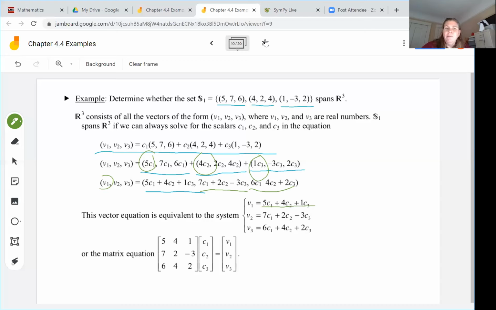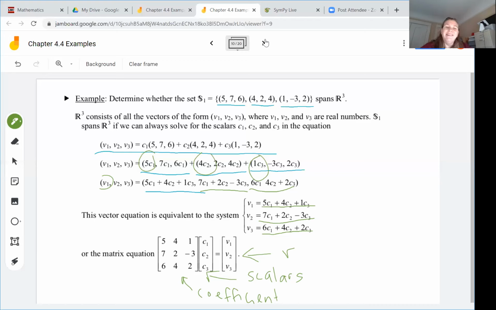So let's translate this to a matrix. So that's this matrix equation with our coefficients here multiplied by our scalars c1, c2, c3, equaling our vector v with elements v1, v2, v3.